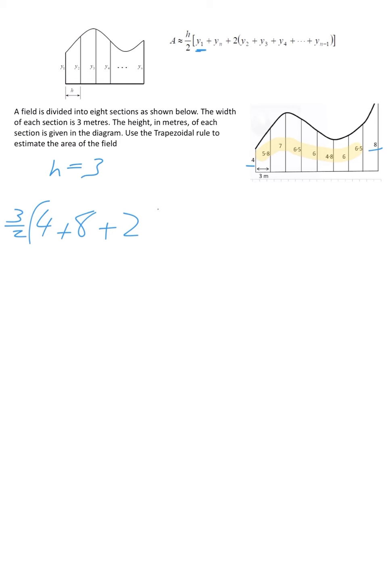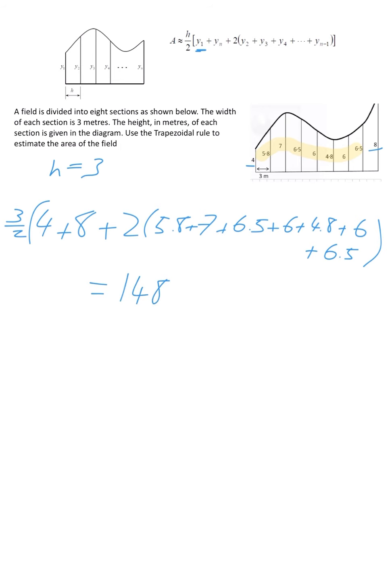So 2 times 5.8 plus 7 plus 6.5 plus 6 plus 4.8 plus 6 plus 6.5. And again, this can go directly into the calculator. And when we do that, we're going to get 148.5. And in this question, we're dealing with meters, so meters squared.